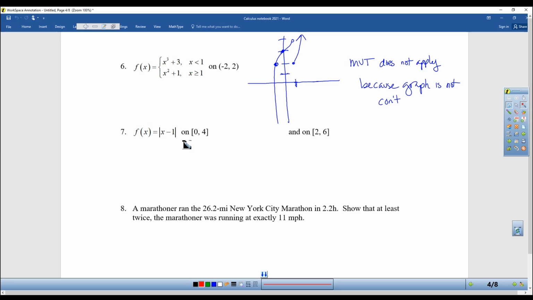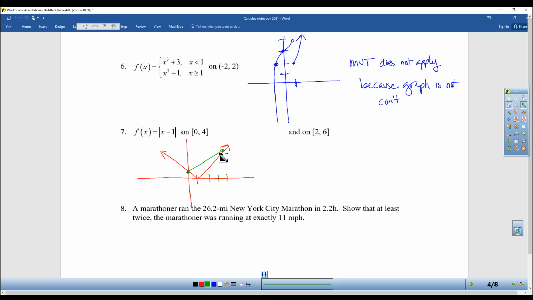Next one. I hope you guys are seeing that all this graphing I've forced you to do is paying off. So this is an absolute value function, which means it's a V. It's been moved to the right 1 on the interval from 0 to 4. 1, 2, 3, 4.